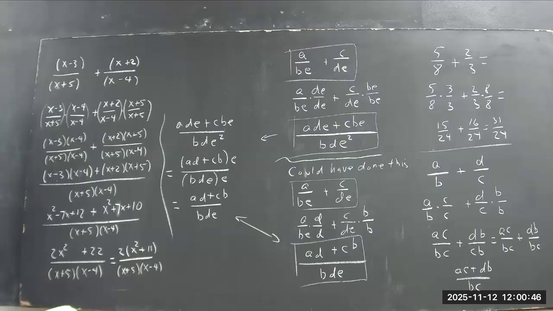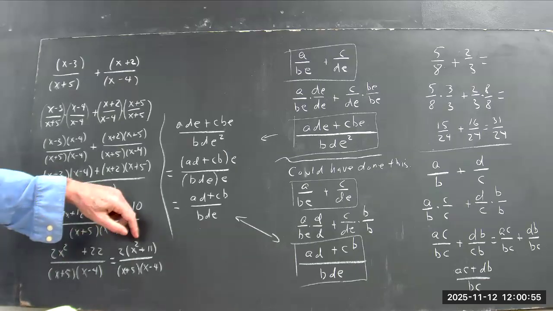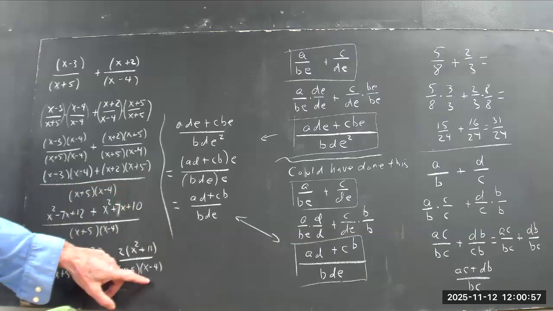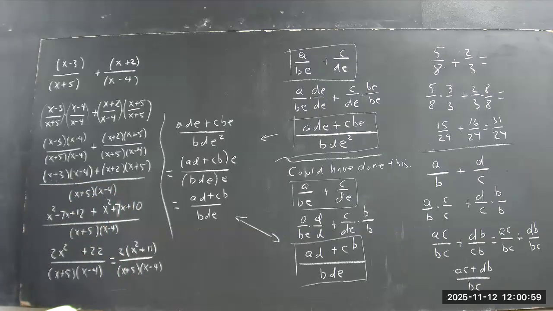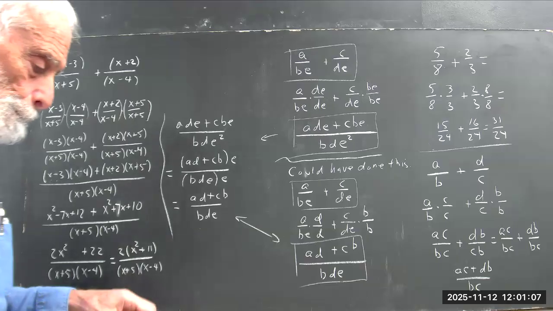And the reason we factor the numerator as much as possible is that it often happens, sometimes happens, that you get a factor of the numerator that matches a factor of the denominator and can be divided out or canceled. That didn't happen here, but you're going to see it in some examples.